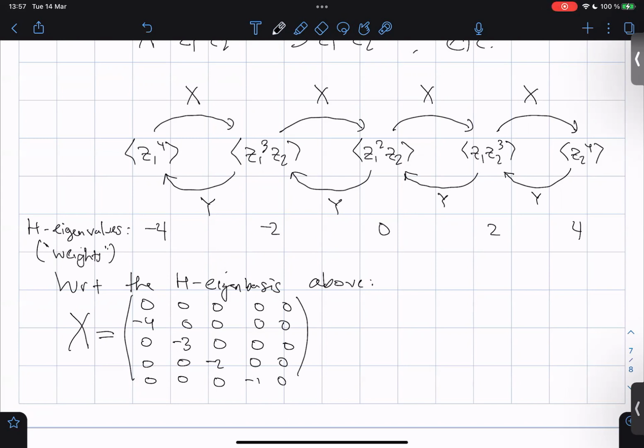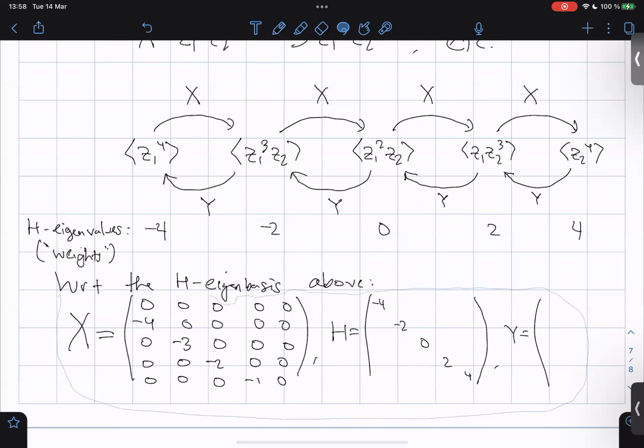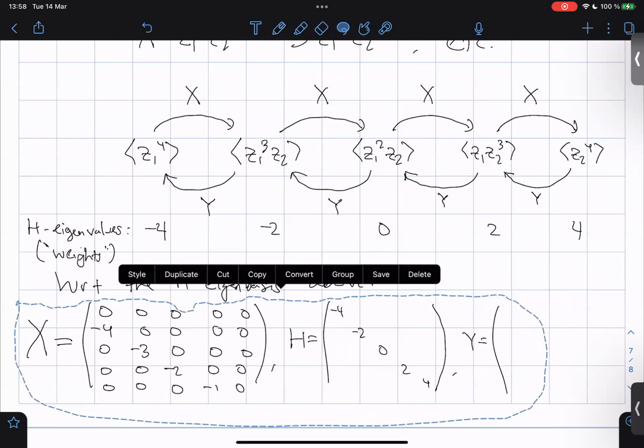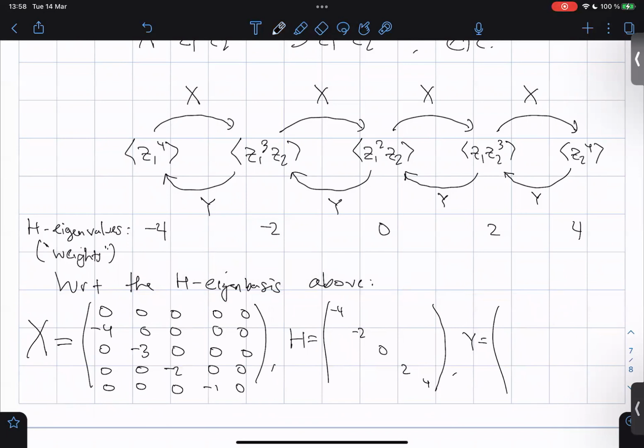We have this nice strictly lower triangular structure for this X. For H, it's -4 on the diagonal in the first position, and so on. And then for Y, it's a strictly triangular matrix as well.